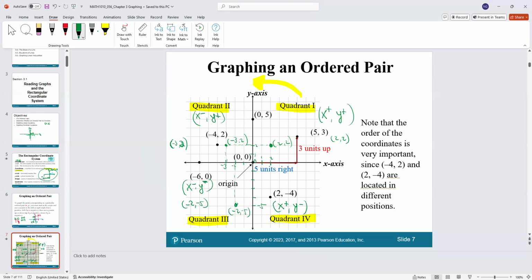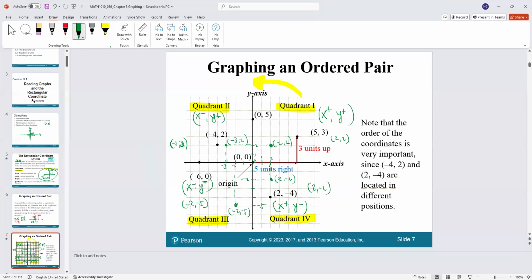Remember, we said the first coordinate is X and the second coordinate is Y. So if we need to plot the point (2, -2), this is -2 right there. So if we go with 2, that will be here. Okay, so that's what happens.